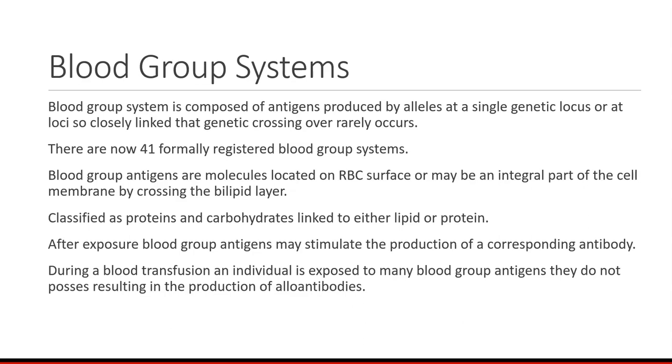Carbohydrates and proteins, and these are linked to either lipid or proteins. After exposure to blood group antigens, this may stimulate the production of a corresponding antibody. During a blood transfusion, an individual is exposed to many blood group antigens they do not possess, and this may result in the production of alloantibodies.